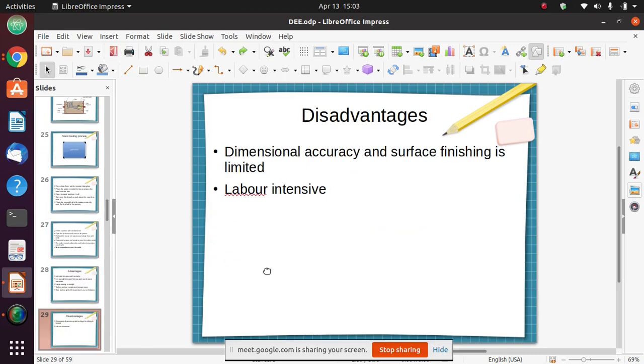Now, disadvantages, mfano ni dimensional accuracy and surface finishing. Since it is a material that has been made by hand, sand casting is made by hand, so there are mistakes that will come. You will see them when you do the assignment. Defects.